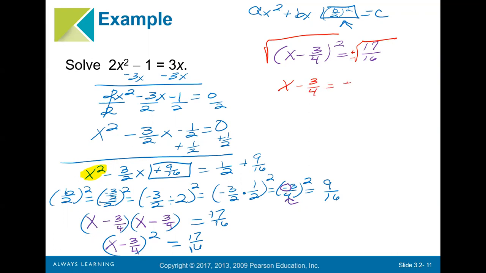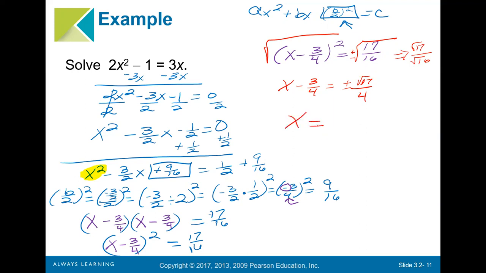I got plus or minus, and I'm going to rewrite this as square root of 17 over square root of 16. 17 is prime, so it's not going to factor out. However, square root of 16 does, and it gives me 4. So good so far, right? Let's finish up.